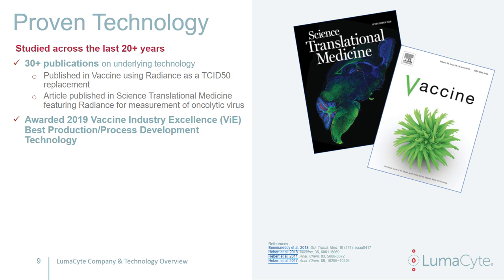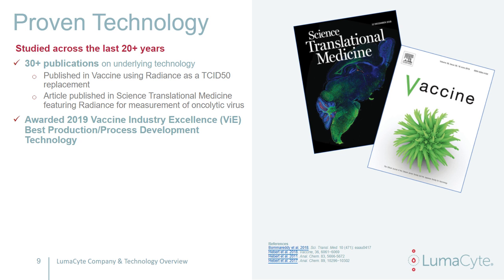In 2019, we were awarded the Vaccine Industry Excellence Award at the World Vaccine Congress for the best production process development technology. We're very proud of being even nominated for this, but even happier, obviously, to have been given the award, considering our competition consisted of multi-billion-dollar corporations, GE Life Sciences at the time, Sartorius Stedim, 3M, and others.